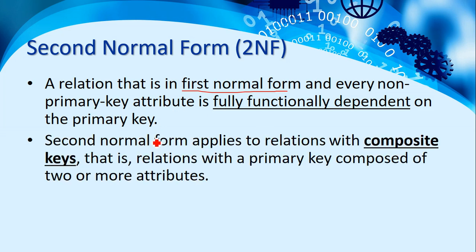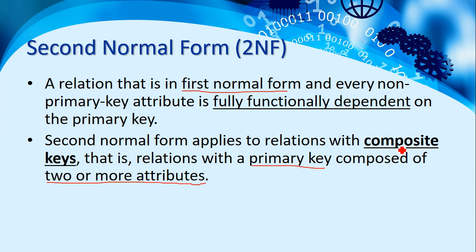If, however though, meron pa palang second bullet. Sorry. So, second normal form applies to relations or tables with composite keys. No? So, applicable lang tong second normal form if yung table mo merong primary key, okay, na 2 or more yung attributes niya. Okay? So again, I think we've already discussed this in the first lesson.